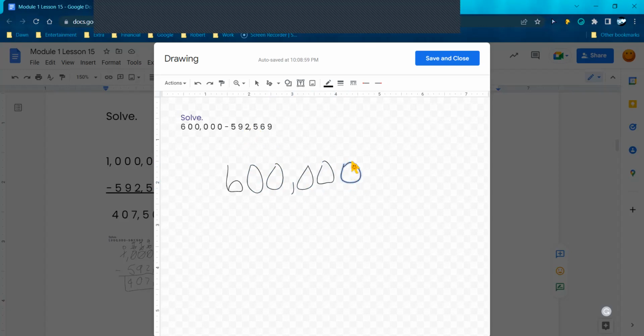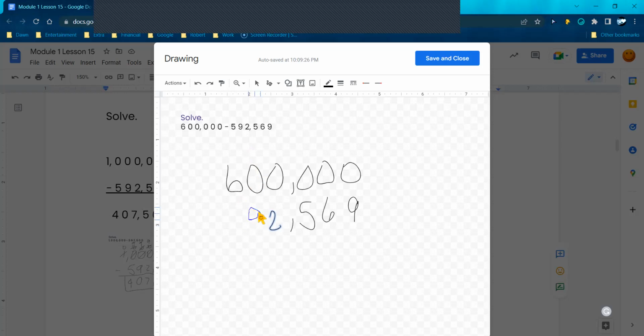592,500. So underneath my ones column, I have a 0, and I'm going to write a 0. Underneath the tens column, there's a 0, and I'm going to write a 0. Underneath the hundreds column, there's a 0, and I'm going to write a 5. Under the thousands column, again, there's a 0. I'm going to write a 2. Underneath the 10,000 column, which has a 0, I'm going to write a 9.